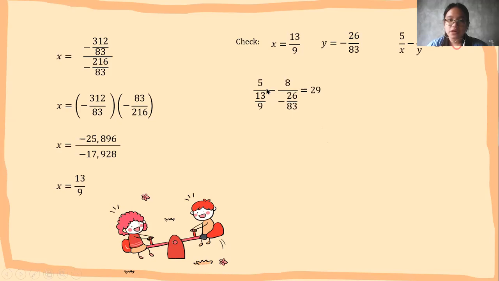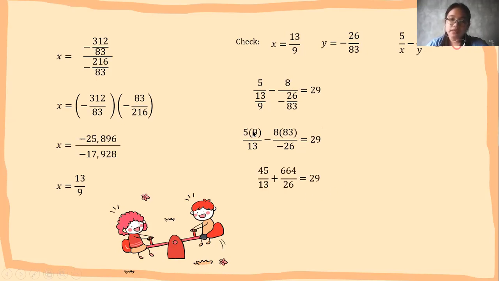So 5 over 13 over 9 minus 8 over negative 26 over 83 is equal to 29. So 5 will be multiplied by 9 and 8 will be multiplied by 83. So 5 times 9 over 13 minus 8 times 83 over negative 26 is equal to 29.